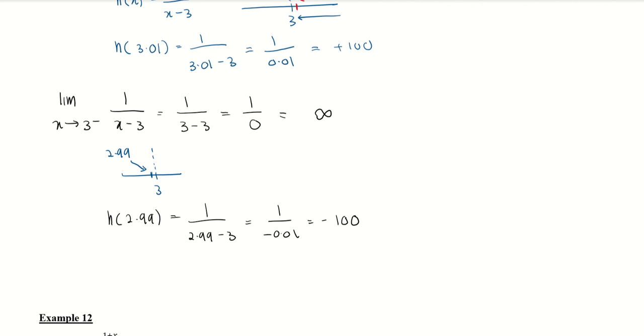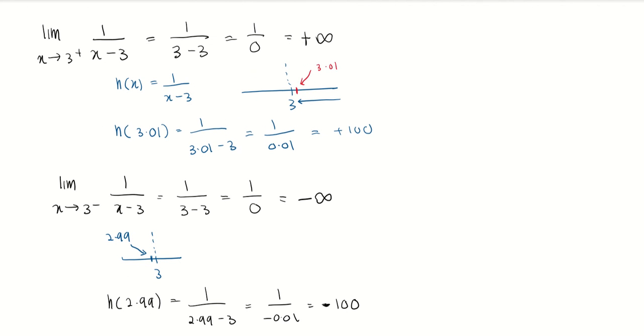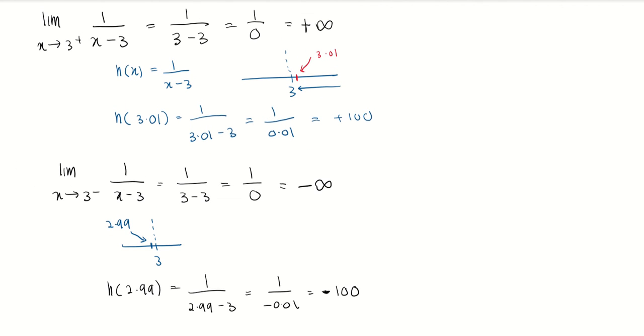We get a negative value, so this is negative infinity. So from the right it is positive infinity, and from the left it is negative infinity. How do we know whether it is positive or negative? We substitute a value.